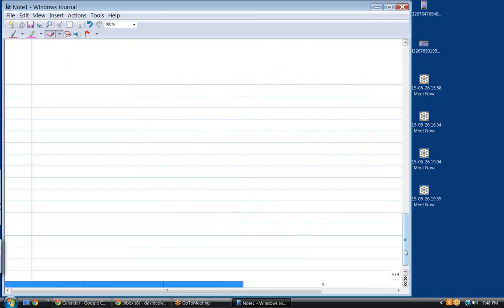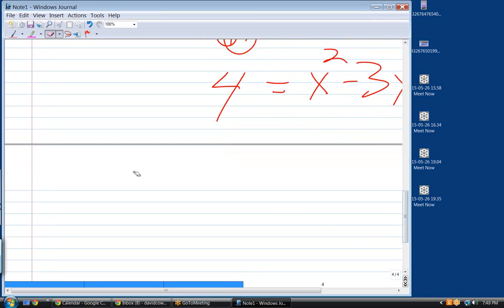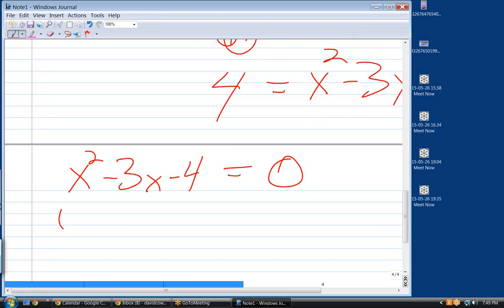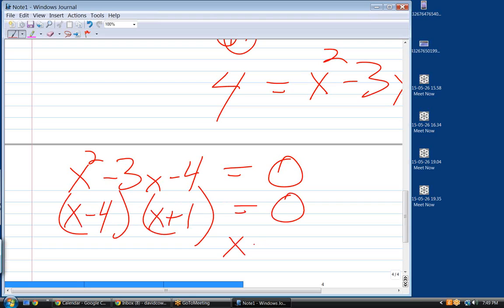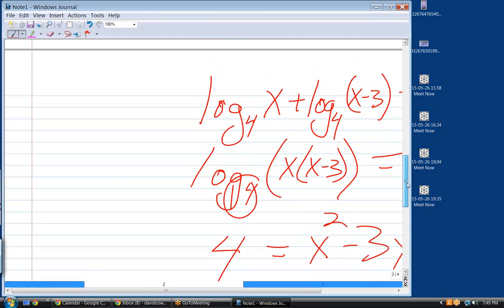And now that's relatively easy to solve. That's a quadratic. So I've got x squared minus 3x minus 4 equals 0. Factoring, that's (x minus 4) times (x plus 1) equals 0. Gives me two solutions, and almost always one of these solutions is going to be extraneous, meaning impossible. Well, which one is not possible?